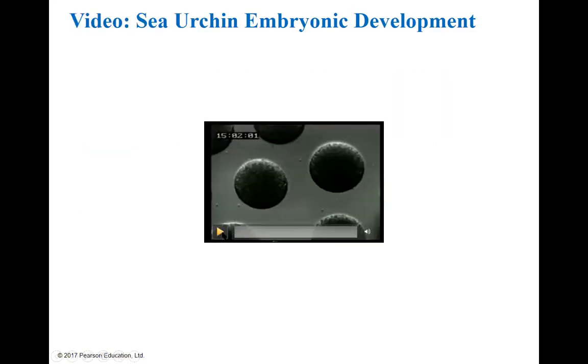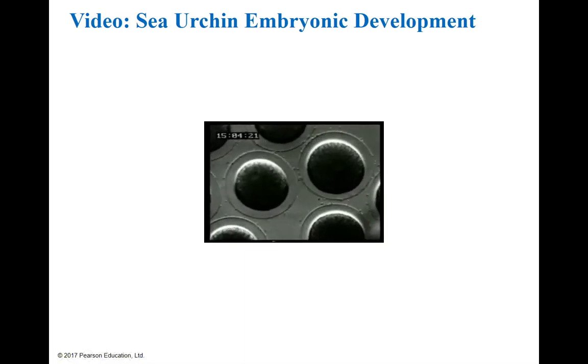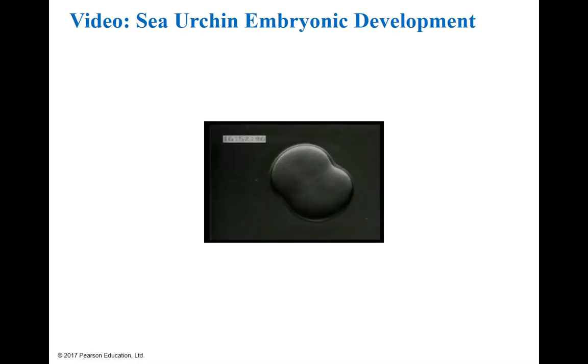So here let's have a look at this picture. This is embryonic development in the sea urchin. So this is not human, obviously. This is an invertebrate. Let's see how it happens. This is the first division. And then we have the second division, and you can see very nicely how, and then you have the inner cell mass that you can see over here.